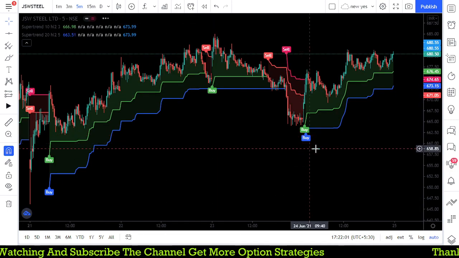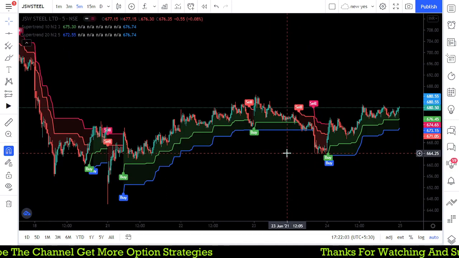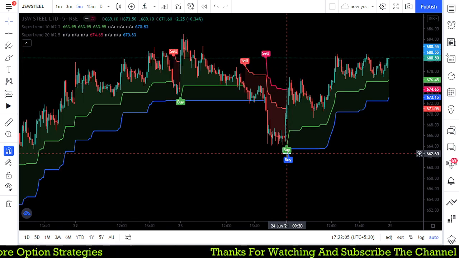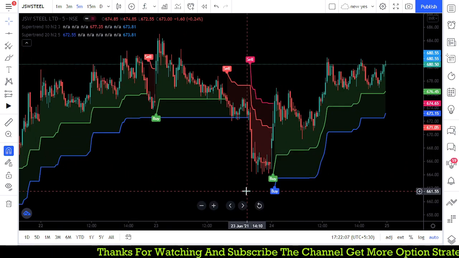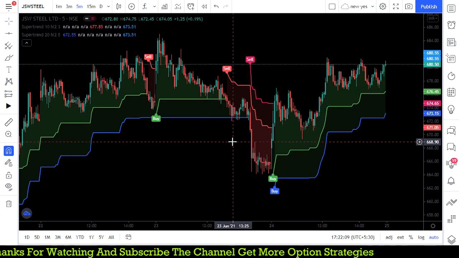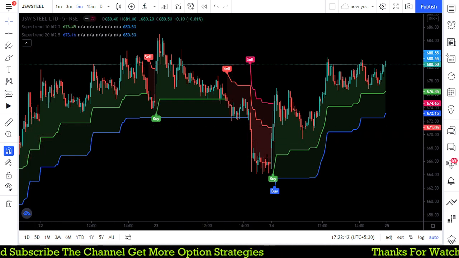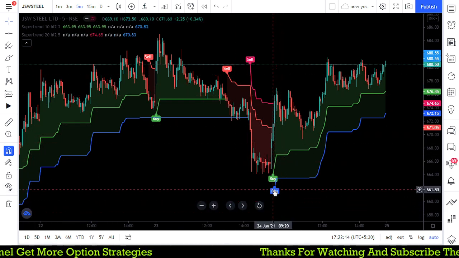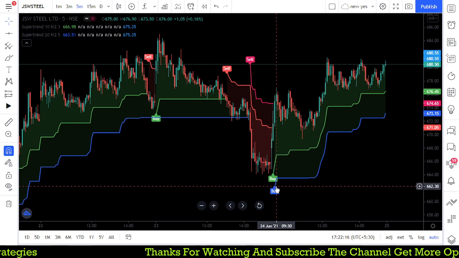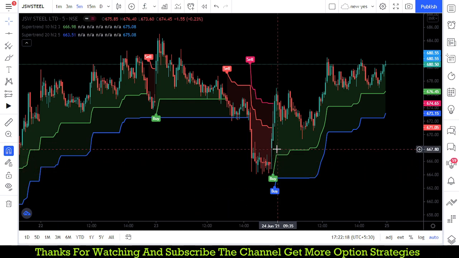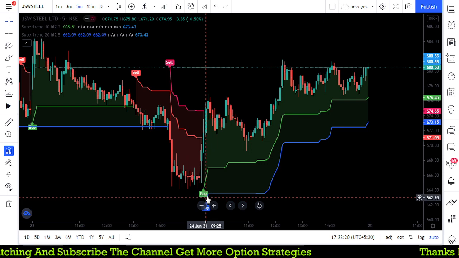What happened in this? You see that this is a 5-minute chart. We are going to use this for an intraday strategy, not for a positional one. Today at 9:30 it generated both signals, which gave a buy.